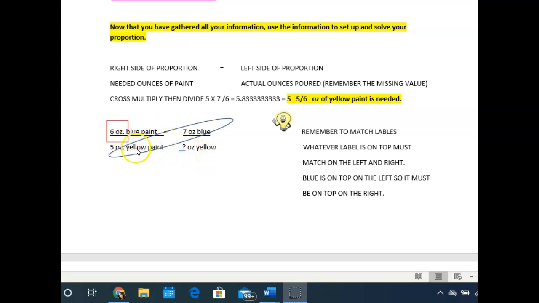We always want to cross multiply number to number and then divide by what we didn't use in our cross multiplication. So in this case, our expression is going to be 5 times 7 divided by 6. Please remember, whenever you see this operation sign, it means to divide. So 5 multiplied by 7 divided by 6 is 5.83 repeating.